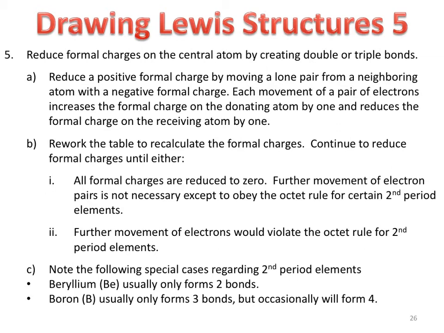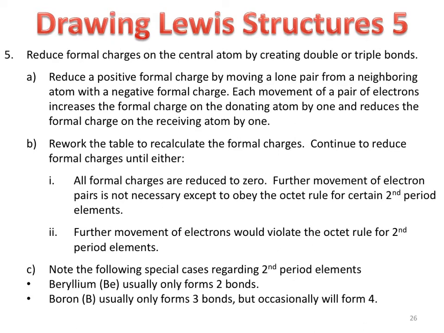To reduce the positive formal charge, we look at an atom sitting next to the central atom and move a lone pair from one that has a negative formal charge and create a double or triple bond between the two atoms. What this does is it moves an electron into a shared position so that the formal charge on the positively charged side goes down and the negatively charged side goes up, effectively reducing the formal charges.